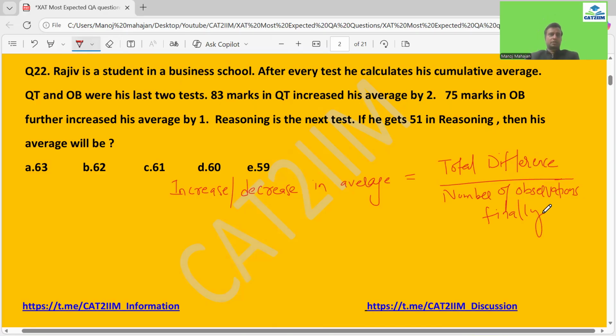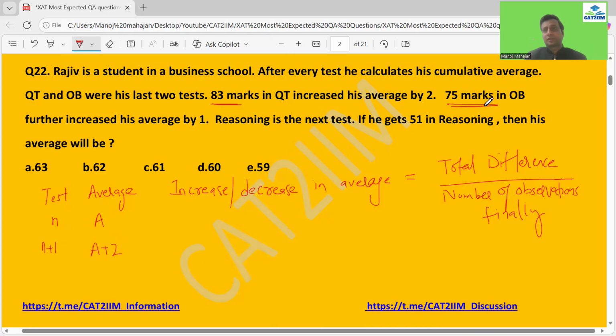Such a trick is possible in CAT questions also. The problem here is that, let's say, Rajiv has written n tests, and the average is, let's say, capital A. If he scores 83 marks, which means I'm going to add one test to it, and the average gets increased by 2, it is A plus 2 right now.